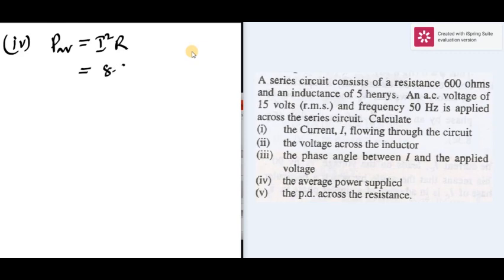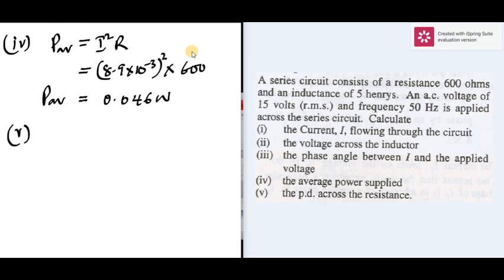That is 8.9 times 10 raised to the power minus 3, squared, multiplied with 600, the resistance of the resistor. The average power will be approximately 0.046 watts.